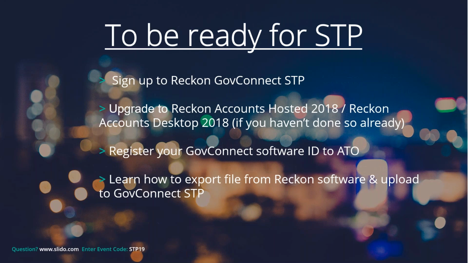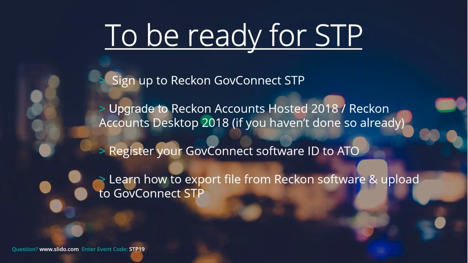So to be ready for Single Touch Payroll, generally we just give these key checklists. Just ensure that you've signed up to Reckon GovConnect STP. Ensure that you have upgraded to Reckon Accounts Hosted 2019 or Reckon Accounts Desktop 2019 if you haven't done so already. And then also register your GovConnect software ID to the ATO. And it's just learning the process on how to export the file from whichever Reckon software you're using and uploading it to GovConnect STP.